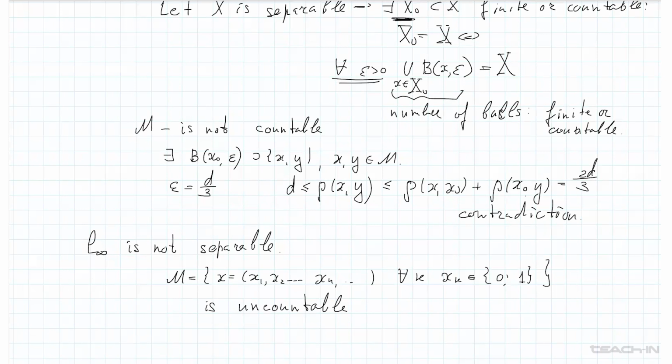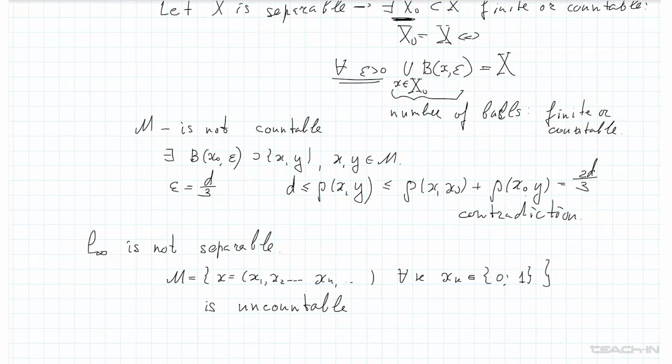Does anybody know the counter diagonal method? If you suppose that it is countable, you can count all elements, so you can write them in a table. Then you write the diagonal of this table and change each symbol to the opposite symbol: 0 you change to 1 and 1 you change to 0. You introduce a new sequence which is not in the table. So we didn't count all elements.